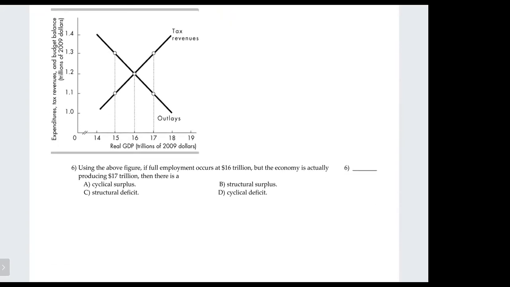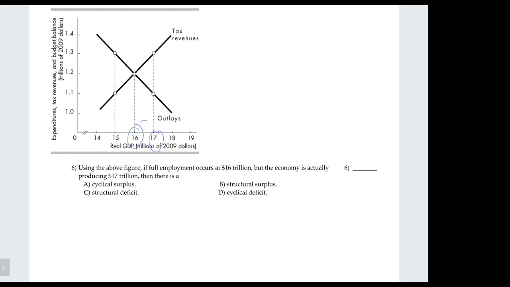Number 6, use the above figure. If full employment occurs here, the economy is actually producing here. Then certainly we are exceeding the potential. We are in the inflationary gap, right? So this is from the previous chapter.